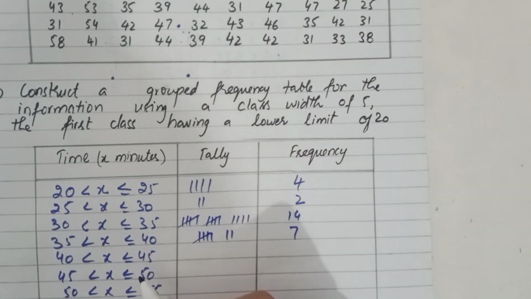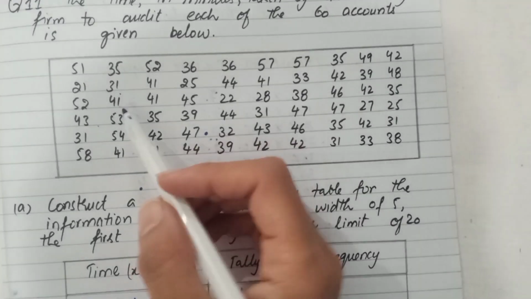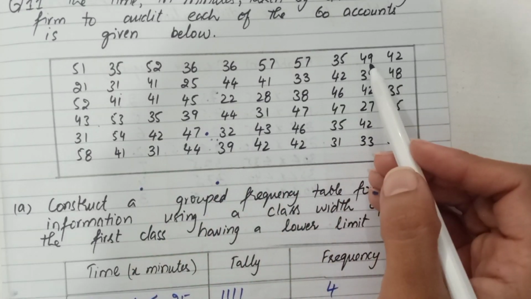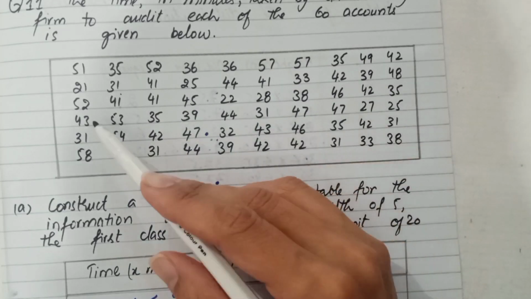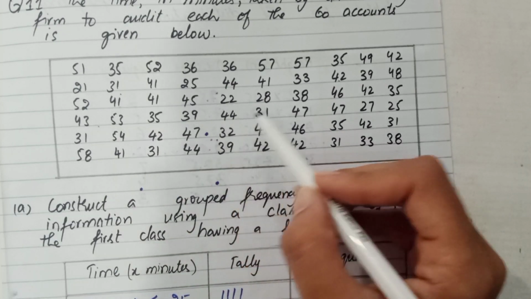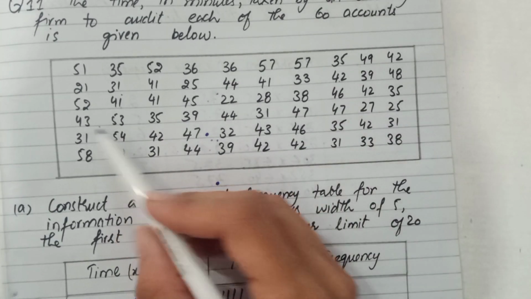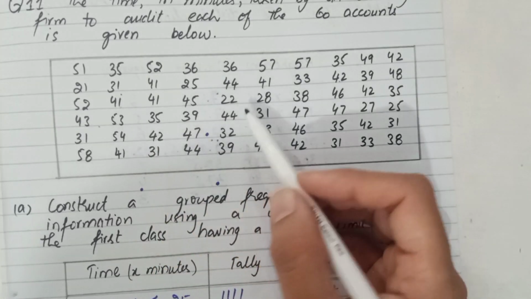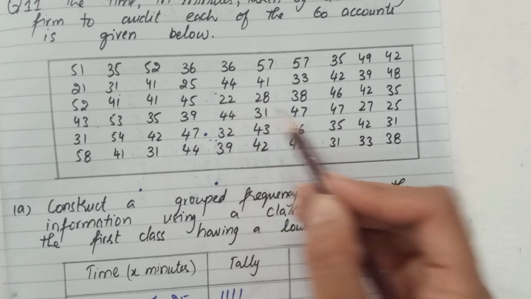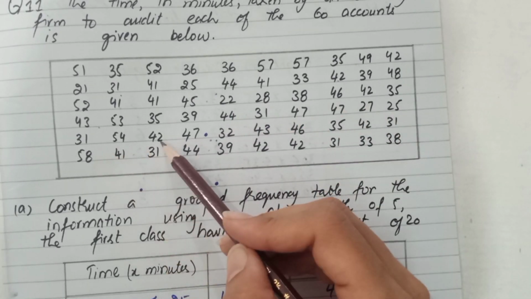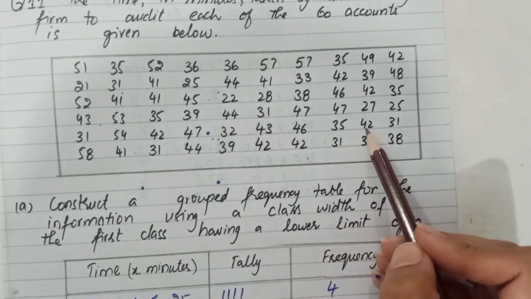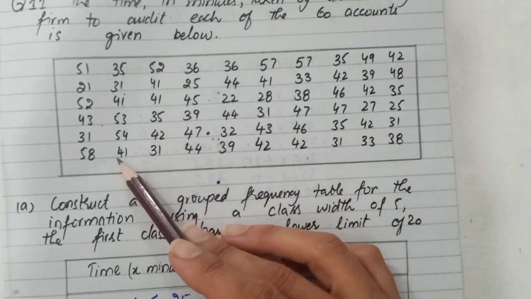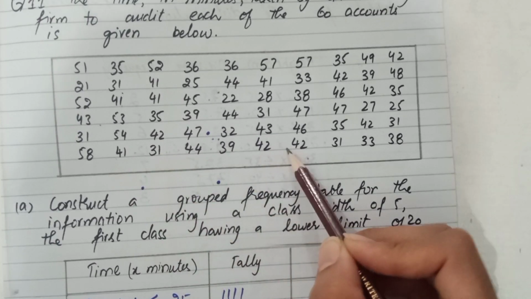Yes. From 40 to 45, 1, 2, 3, 4, 5, 6, 7, 8, 9, 10, 11, 12, 13, 14, 15, 16, 17, and 18.